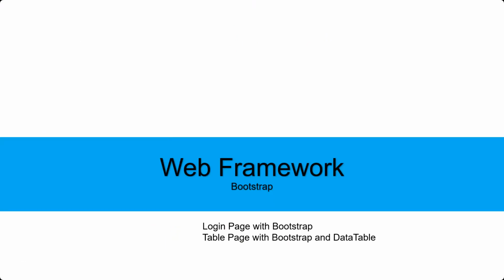Okay. Next is how we can combine Bootstrap into Django. You already did your first assignment, the HTML assignment. I think most of you used Bootstrap. Okay, it is good. But now how can we combine HTML with Bootstrap into Django?